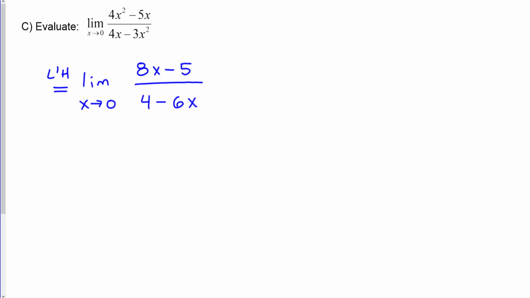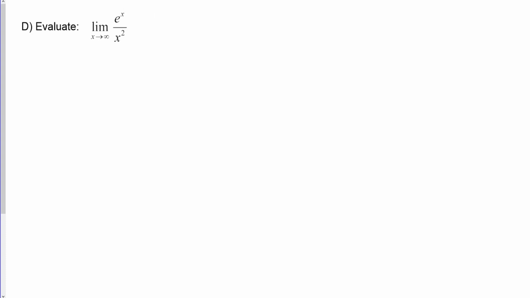And now, if you plug in x equals 0, we get 8 times 0 minus 5 over 4 minus 6 times 0, which is negative 5/4. No tables needed, no advanced algebra, just a very simple set of derivatives that have to be performed.